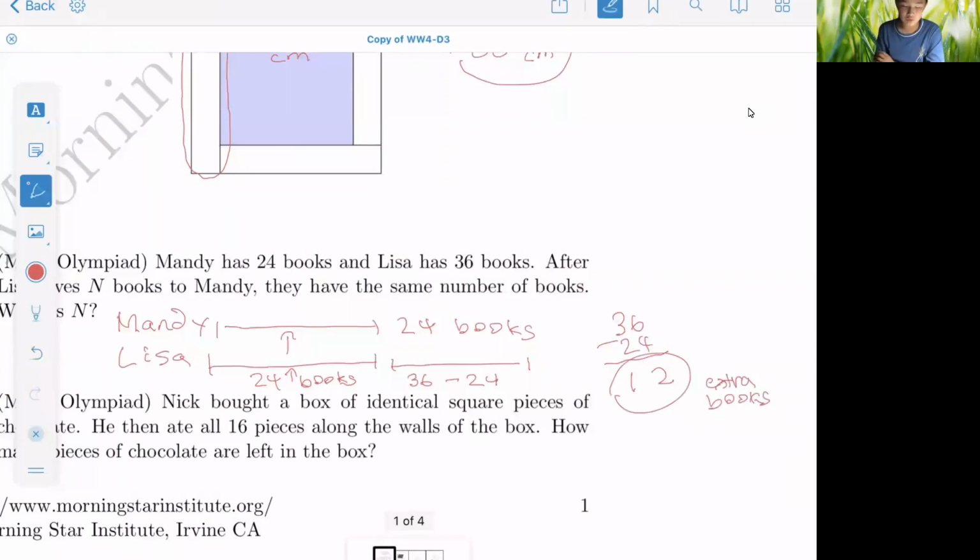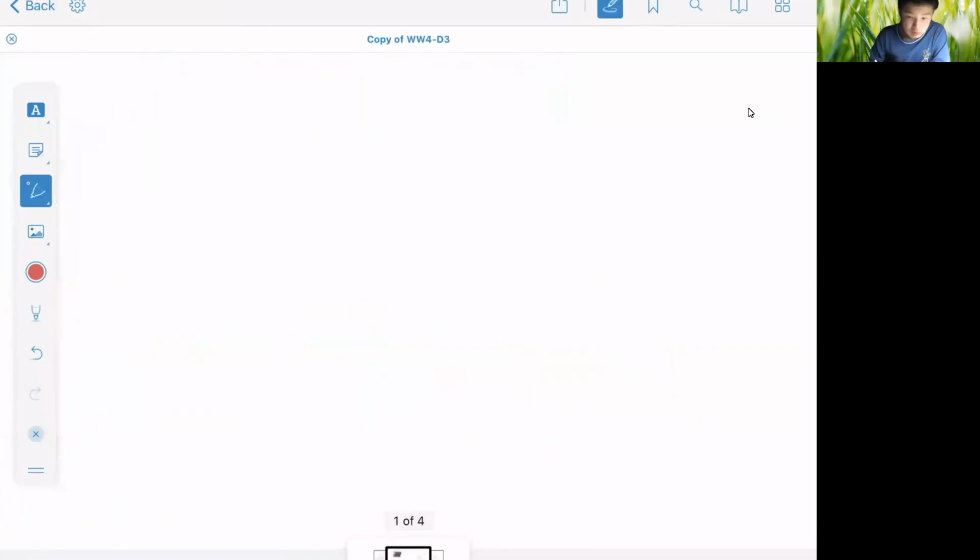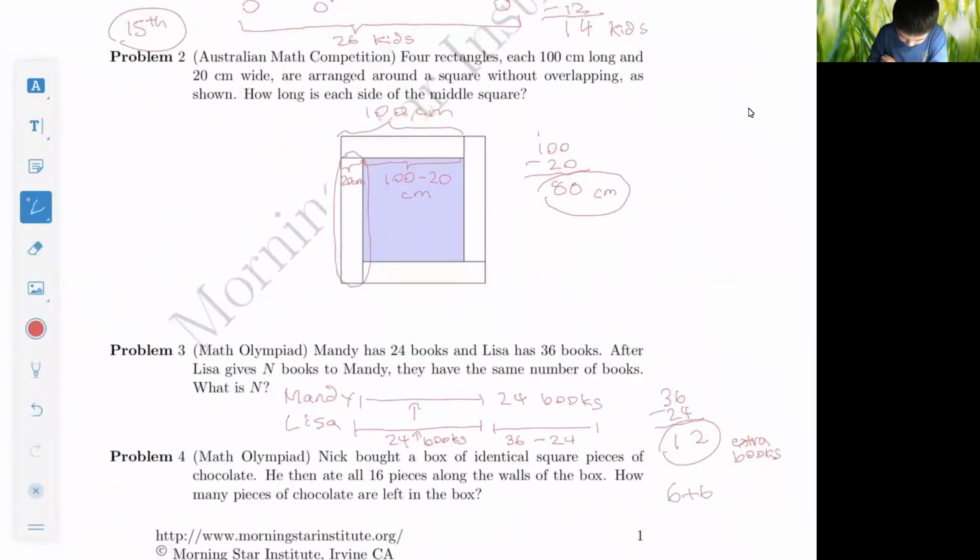We need to evenly divide these books into 2 equivalent piles so that they have the same amount when Lisa gives a number of books to Mandy. 12 equals 6 plus 6, which means that Lisa needs to give 6 books to Mandy so that they have the same number of books.